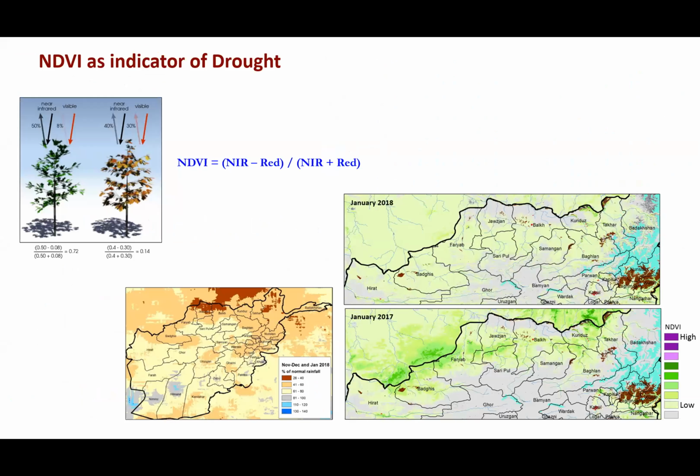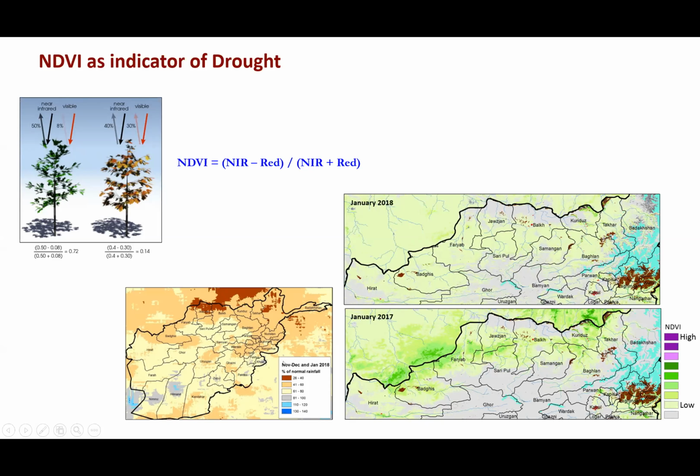Coming back to this, I'll not get into too much detail on other variables, but one variable which is very common for drought monitoring is vegetation condition, which is based on optical remote sensing, a measure of greenness between the red and near infrared bands. I'm giving some examples from Afghanistan, of how the precipitation deficit observed in 2018 is related to bad vegetation condition from January onward.